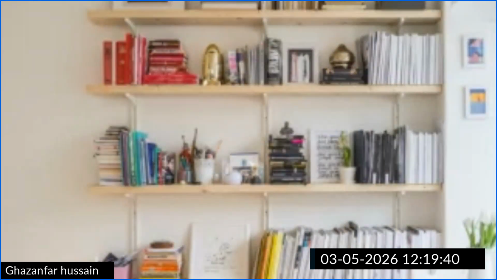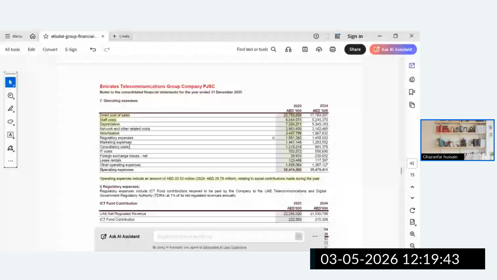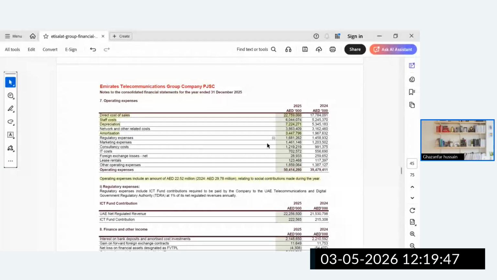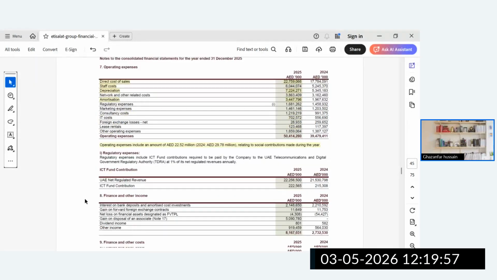If we look into the regulatory expenses, note number 1 is mentioned here. They did not mention any fines and penalty. Okay, we can go to income and finance.